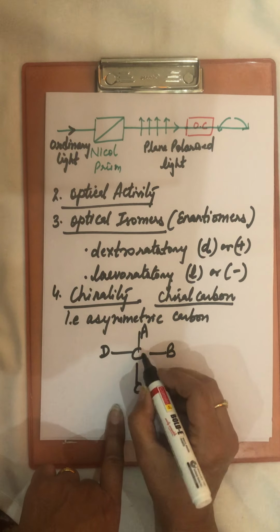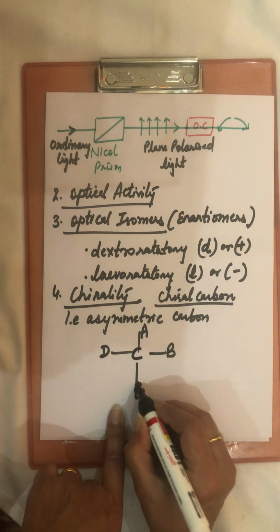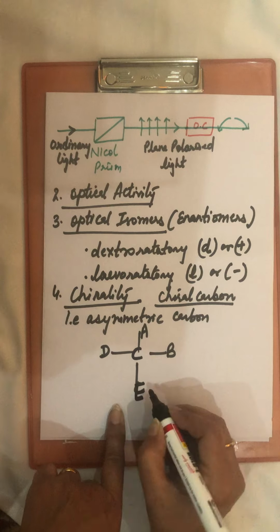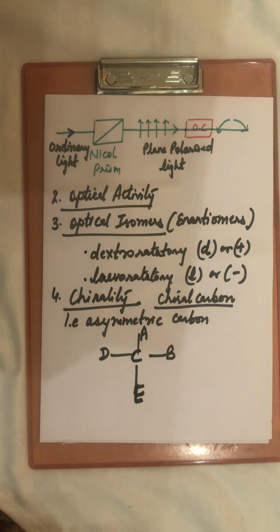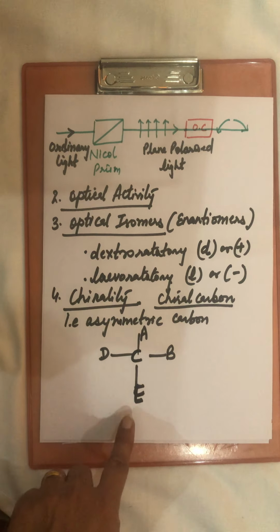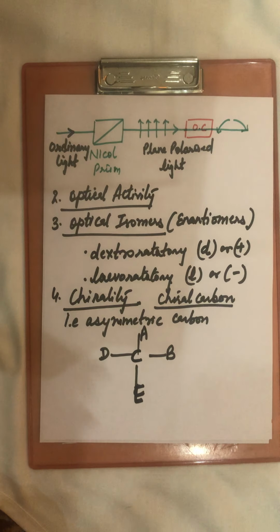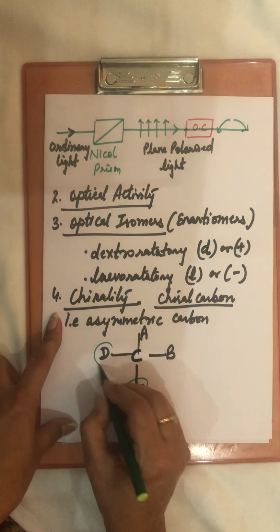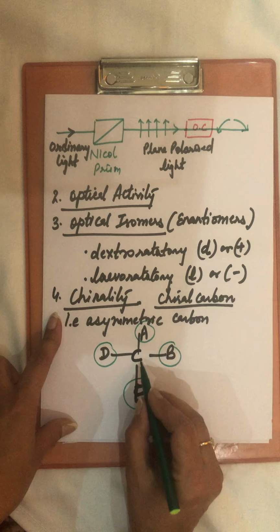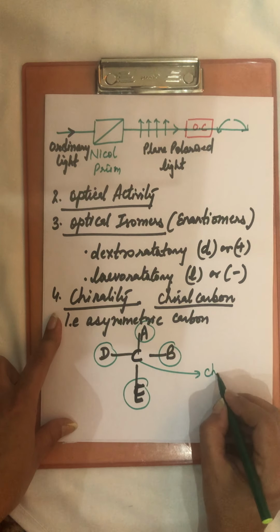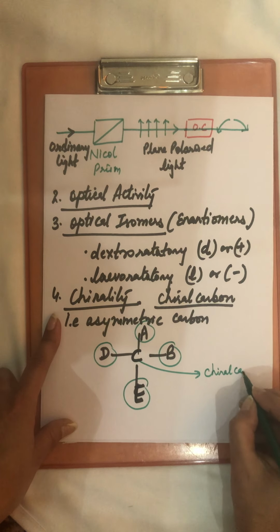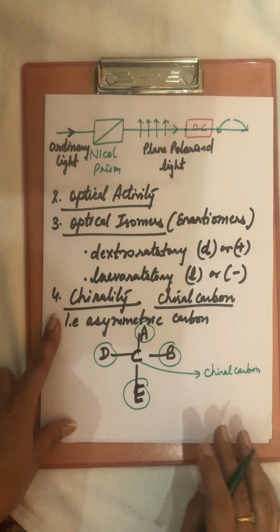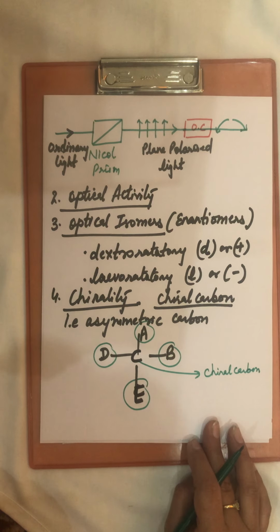If all four groups attached here are different, like one is A, one is B, one is C, another one is D, but I am taking E here because the symbol C is already being used for carbon. So if all atoms or groups attached to this carbon are different, we say that this carbon is a chiral carbon, and this compound will show optical isomerism.